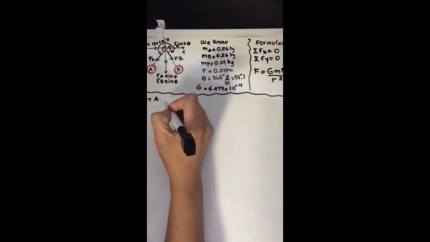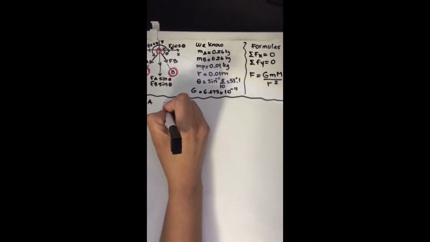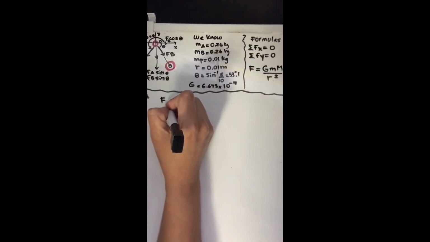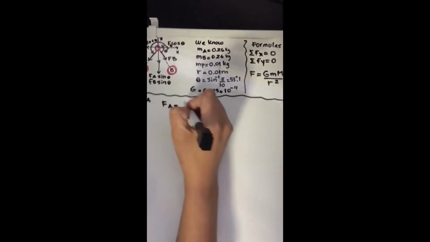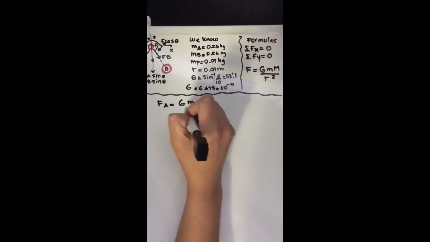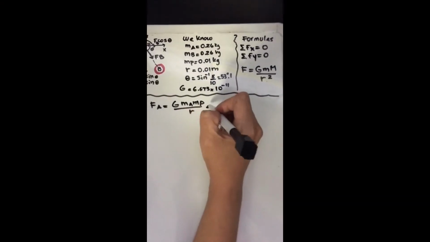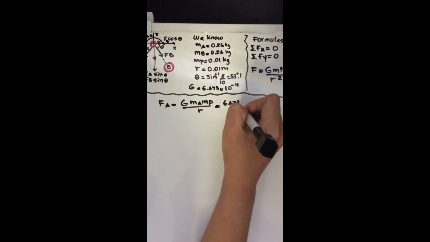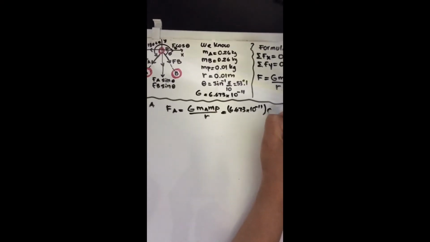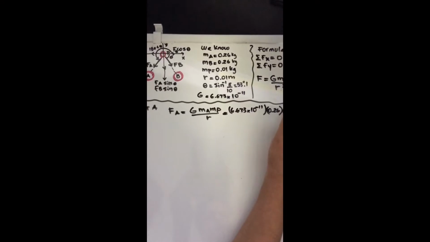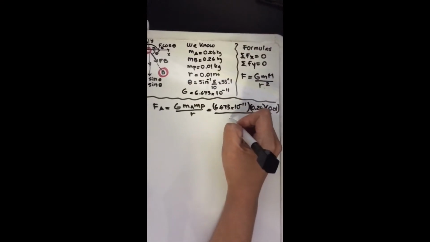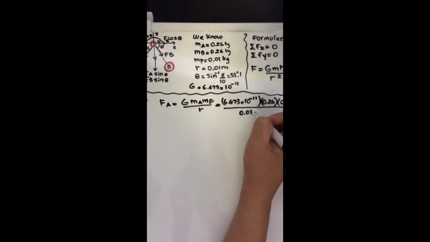Using the gravitational formula, the force exerted on mass A due to mass B is equal to G times mass of A times mass of B over the radius, and this is equal to 6.673 times 10 to the negative 11 times the mass of A, 0.26, times the mass of P, 0.01, divided by the radius, which is equal to 0.01 meters.